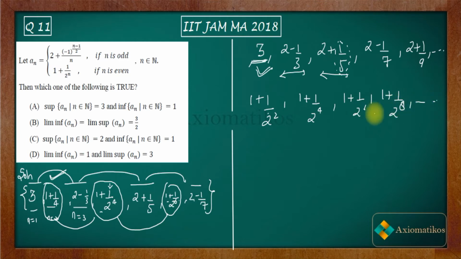So you see it's a decreasing sequence. So this one is the biggest for the even subsequence, and this one is the biggest for odd.